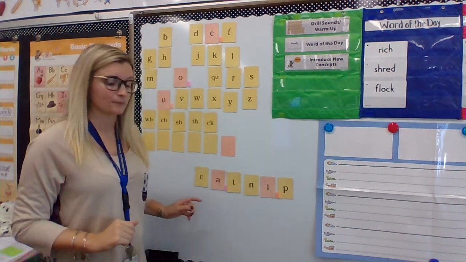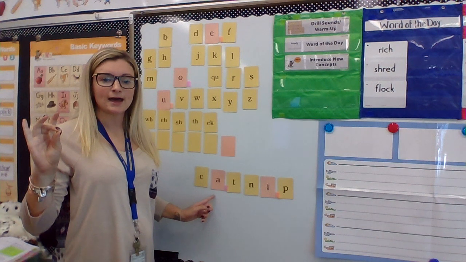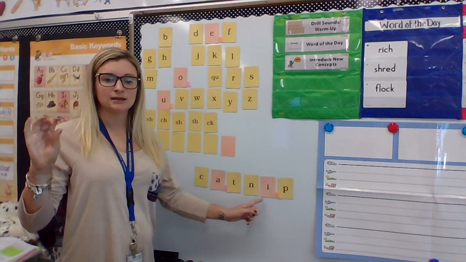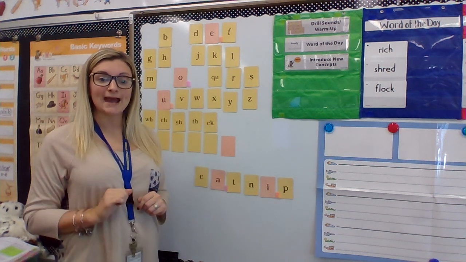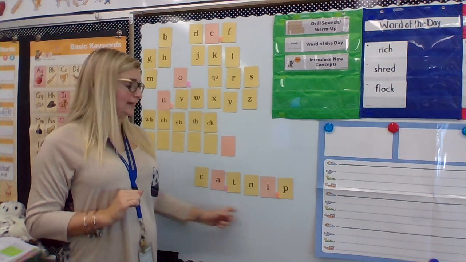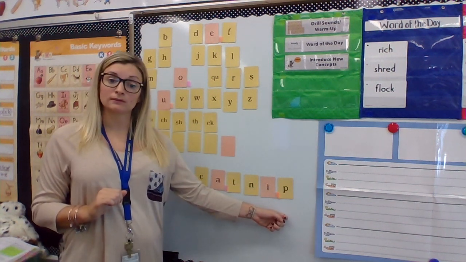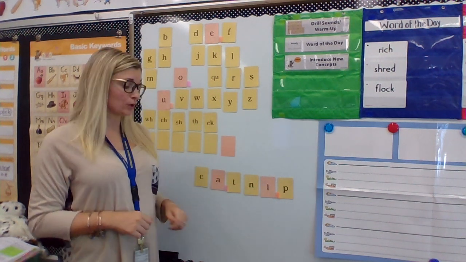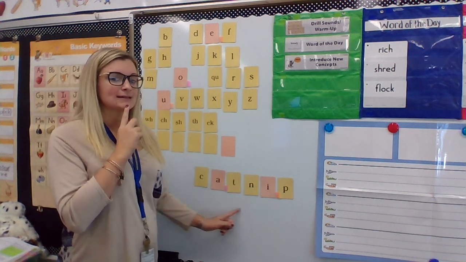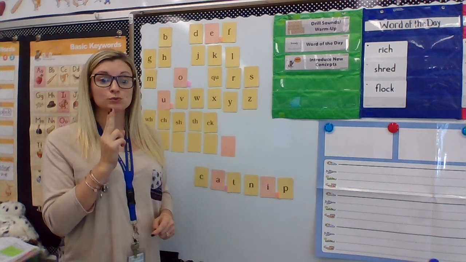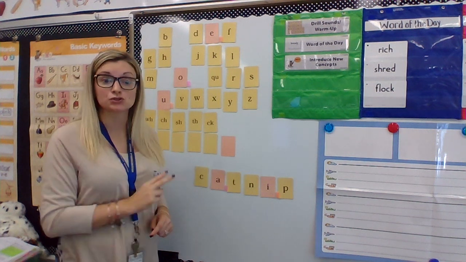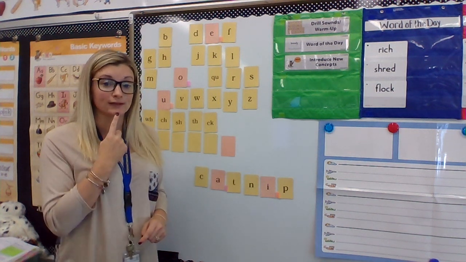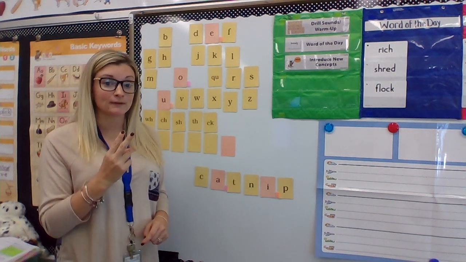Let's tap this one out. Catnip. That's one word, but when we say catnip, that's 2 syllables. This word has 2 syllables because we use 2 breaths. Catnip. Okay?